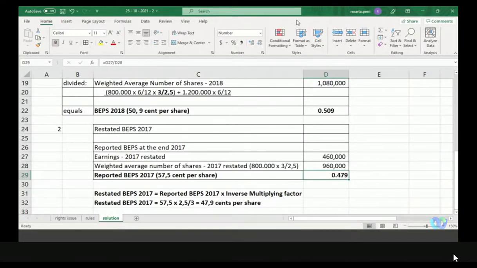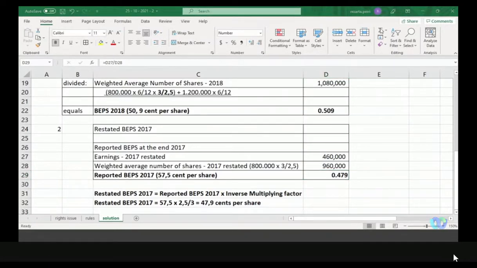You can follow two approaches. When you already have the amount of the basic earning per share of the previous year, do not lose any more time, just apply the inverse of the multiplying factor as we taught you. In case you don't have that, you can follow the second way as well. You restate both components of the basic earning per share ratio, both the earnings and the number of shares. Did you get that, the second way?